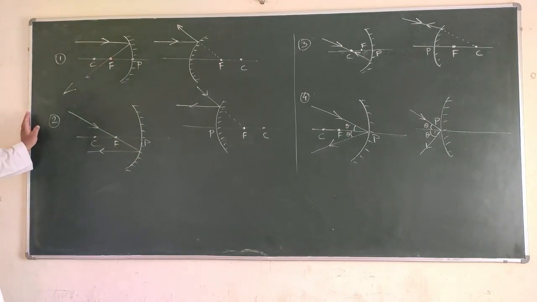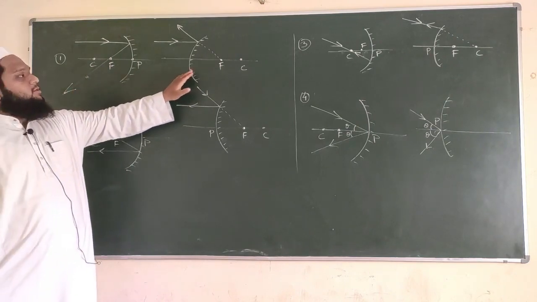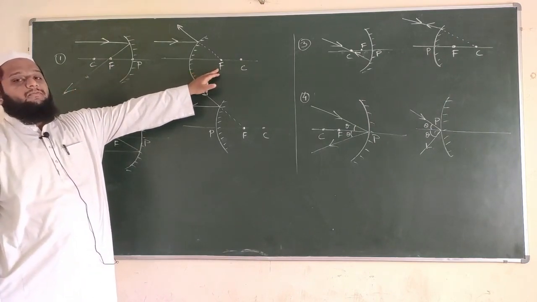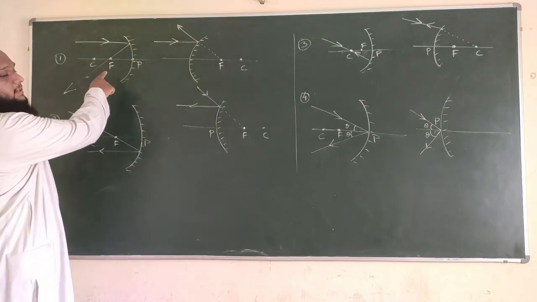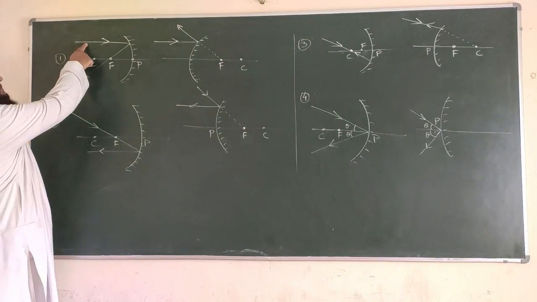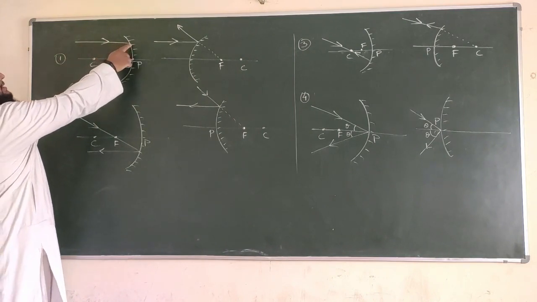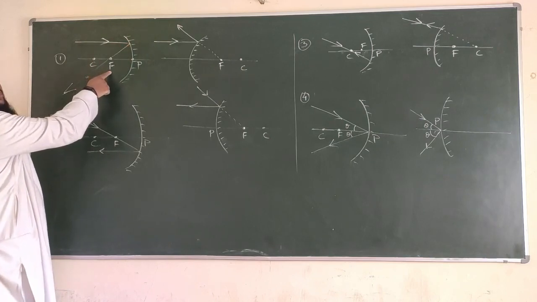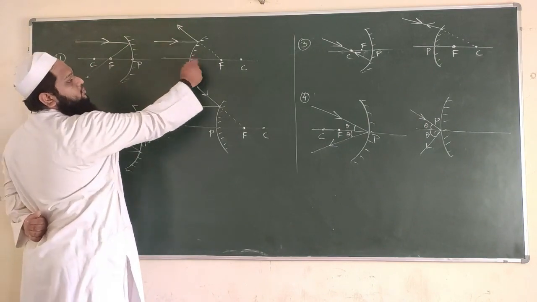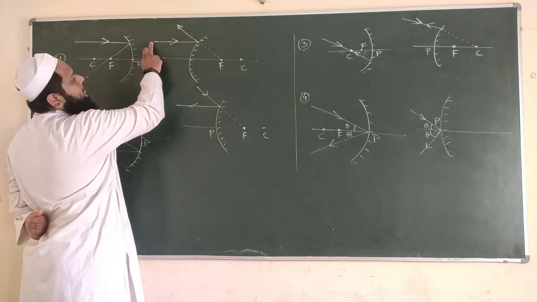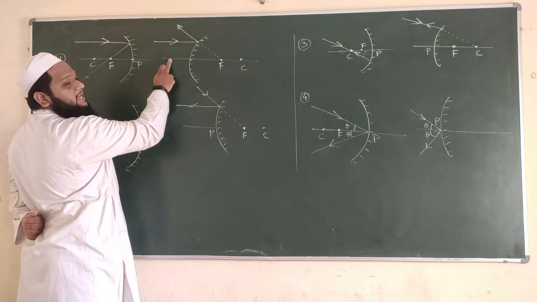It passes through the principal focus in case of concave, or appears to pass through the principal focus in case of convex. In convex, it appears to pass, meaning here, whenever this is the incident light, it is parallel to the principal axis.